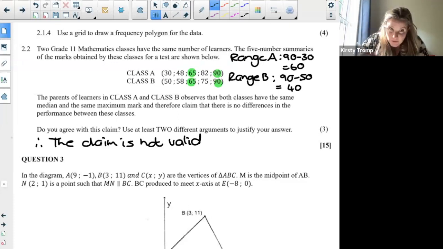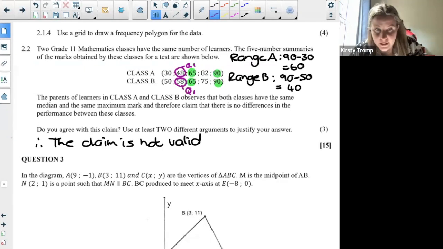So that's one way you can say, okay? The next thing we can say is the following. If we look at not the minimum, but we look at Q1 in this case. What's Q1 equal to for each of these classes? Here's Q1 over here. Q1. All right, okay.